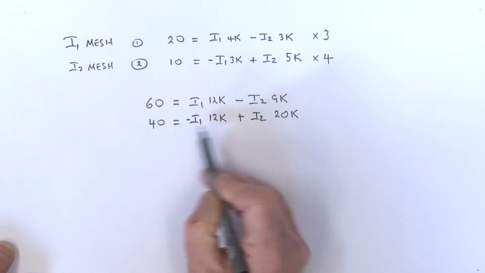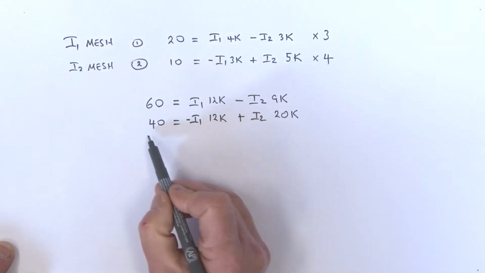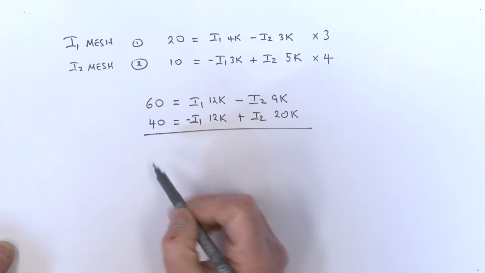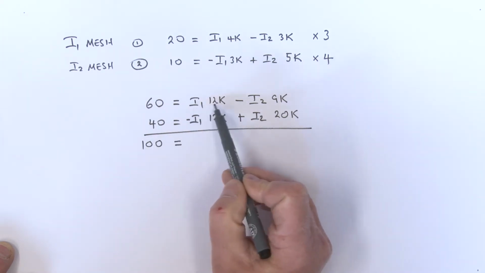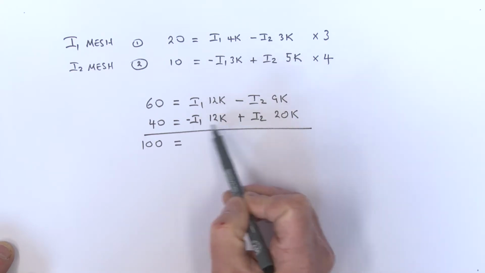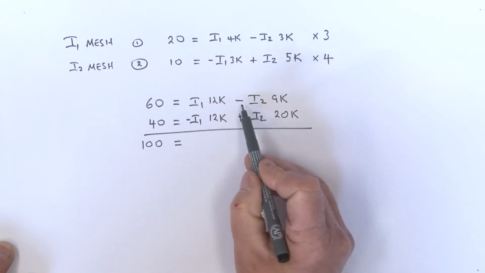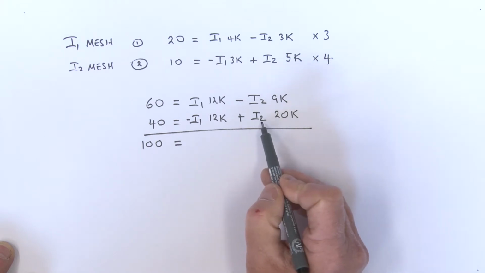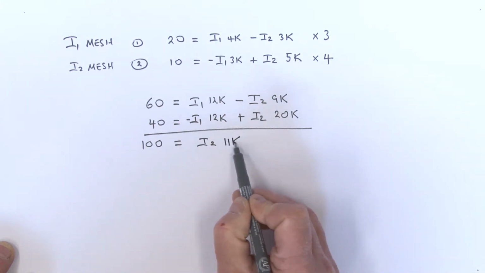Now I'm trying to eliminate one of the terms, either I1 or I2. If I simply add those two, I've got 60 plus 40 is 100, equal to a plus 12k I1 and a minus 12k I1, so that's gone. I'm left with a minus 9k I2 and a 20k I2, so I'm left with I2 times 11k.